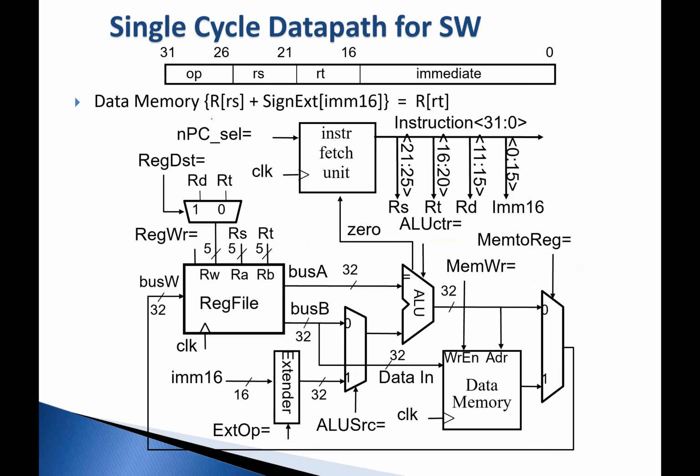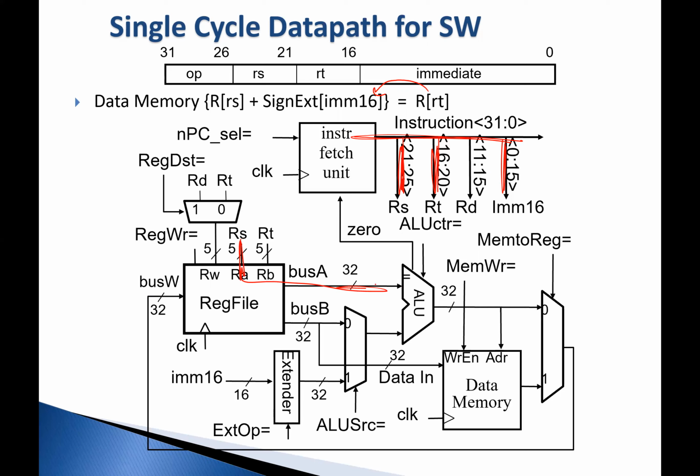Now let's do the store word. So very similar. Store word is the other way, right? You write into the memory. So data goes into the memory. Okay. So what is your first stage? Instruction fetch. And then decoding stage, since you know that this is an I format, you have RS, RT, immediate, right? And then in the decoding stage, what do you have?